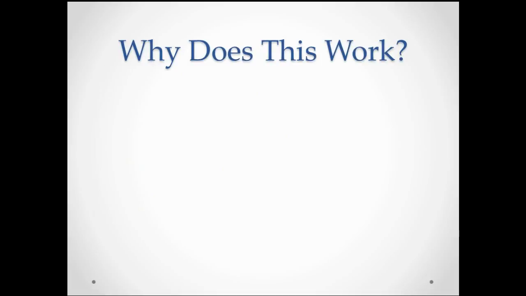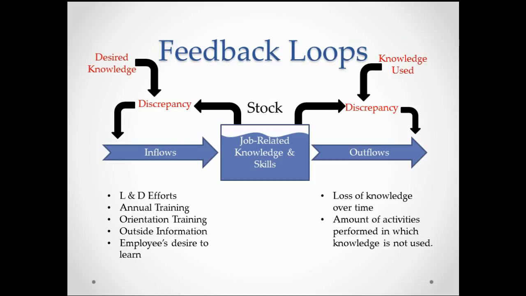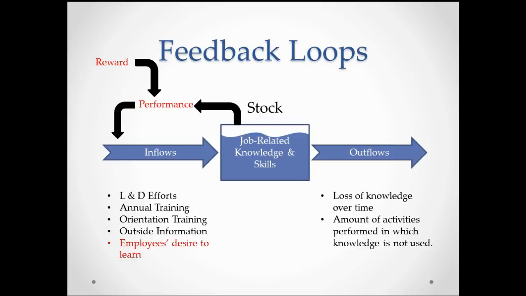So why does systems thinking work so well for these kinds of problems? Systems thinking forces us to break down the frame of reference of the system we've designed, and it also forces us to acknowledge the possibilities in the system that we aren't utilizing, and this changes our frame of reference. We saw this in the breakdown of the balancing feedback loop that currently holds the system in check, and the reinforcing feedback loop that isn't being utilized. We were able to think critically about the advantages and disadvantages of working with our current model, which was 2 balancing feedback loops.